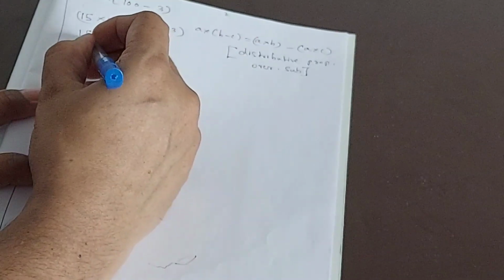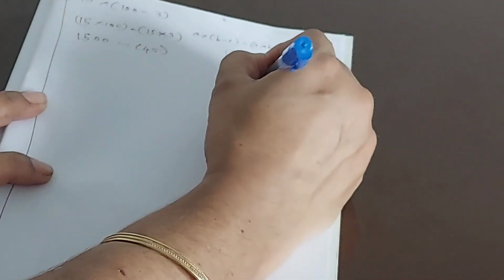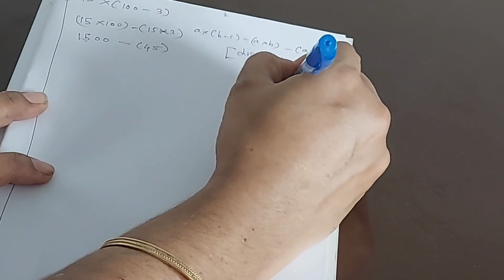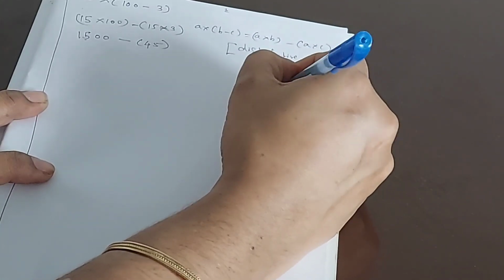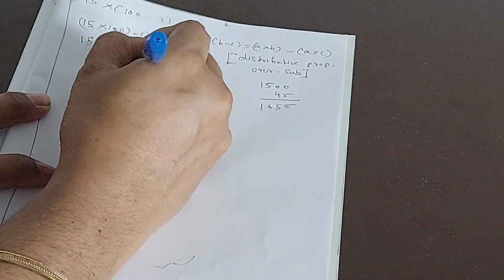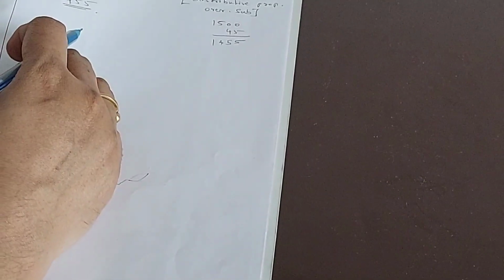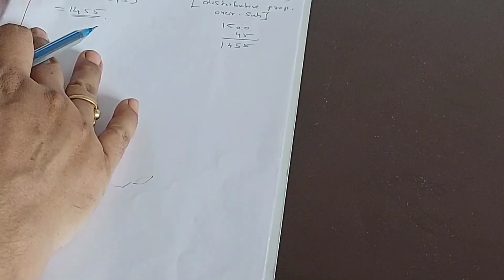Okay, so one term is positive and one term is negative. That is, we have to find the difference between both the numbers. So we will get 1455 as your answer.